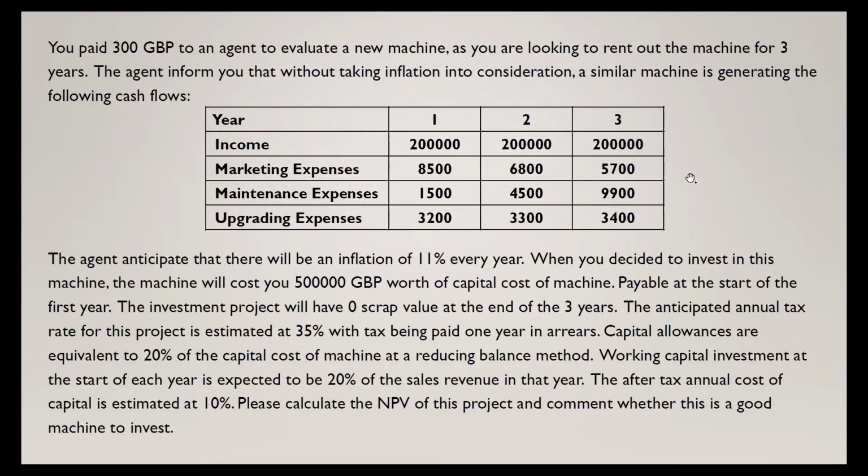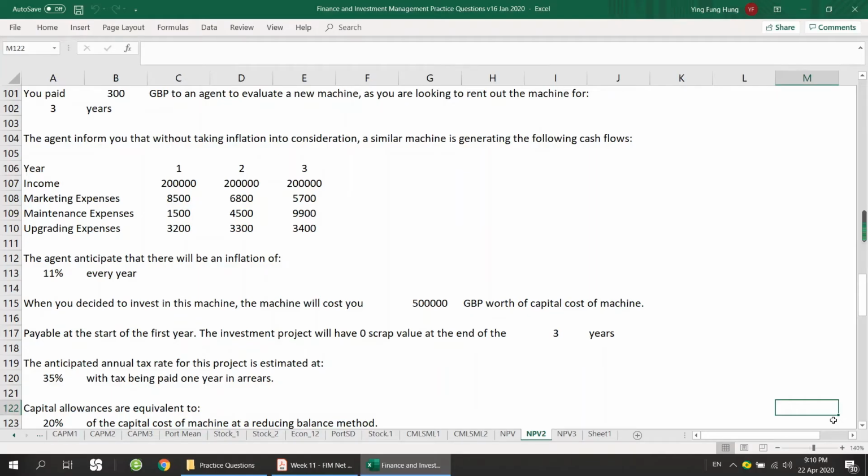And then there are the marketing expenses, maintenance expenses, and upgrading expenses that we have to pay for each year. In addition, every year there will be an inflation rate of 11%. For this question, I'm planning to use Excel to demonstrate the answer so that everyone can see the formulas more clearly.